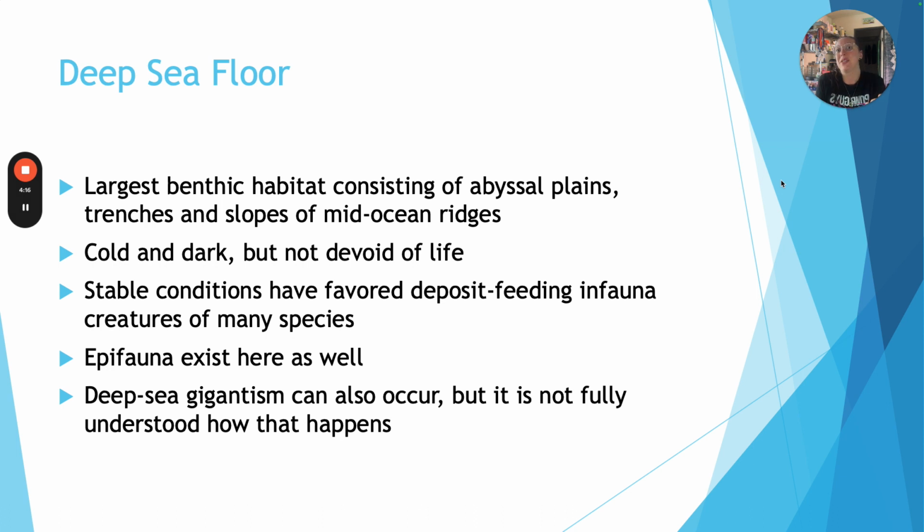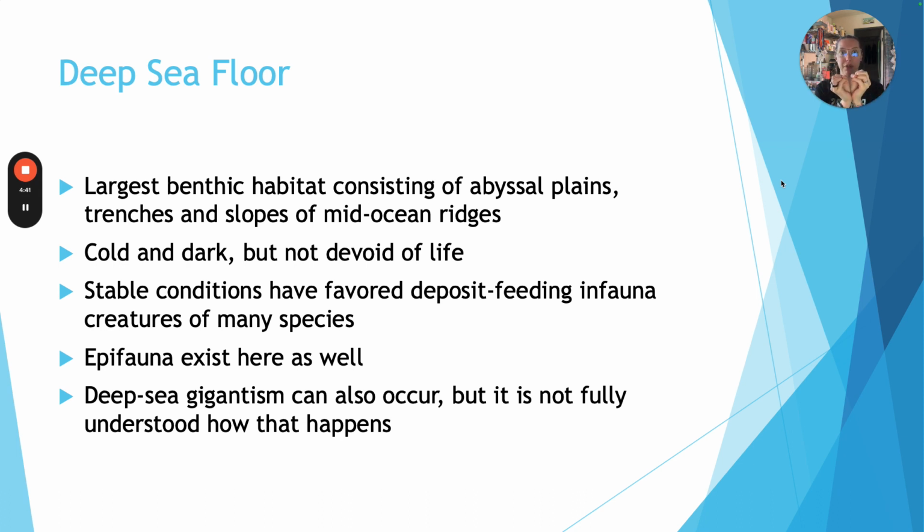So this goes into the constant need to continuously look at our oceans, right? And investigate our oceans. Because of these very stable, homogeneous conditions, this has actually favored deposit feeding infauna, creatures of many different species. So filter feeding in a sense, right? Remember we talked about coral.